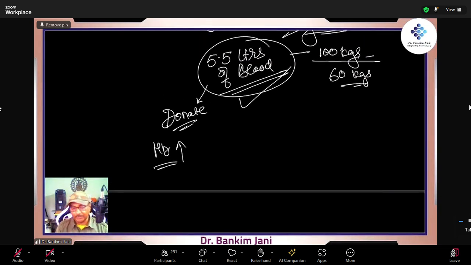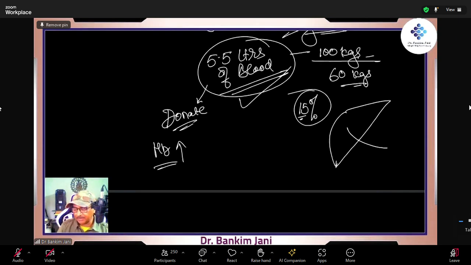So anyone can donate blood, because it is 5.5 liters. Till about 15% of the blood is lost, your body survives. When you donate the blood, the liver would immediately replace it. Now there is less blood in stock, so if anything happens to that person, there might be some trouble.